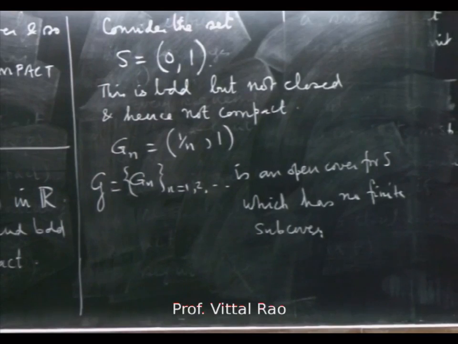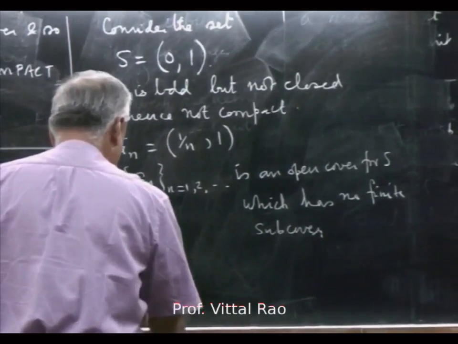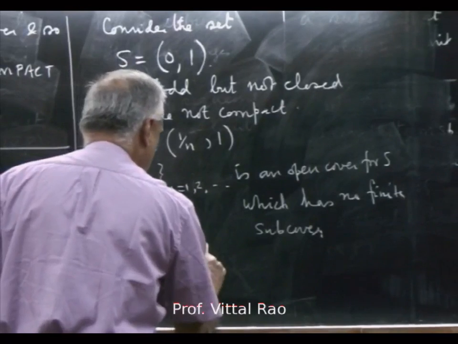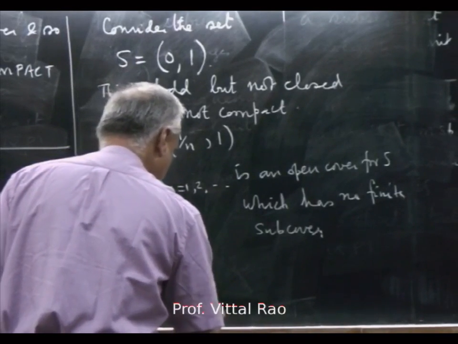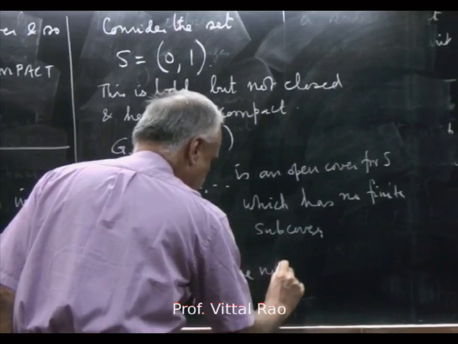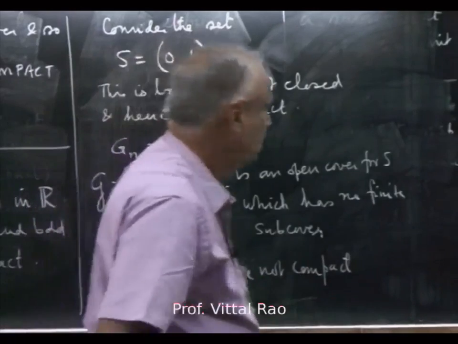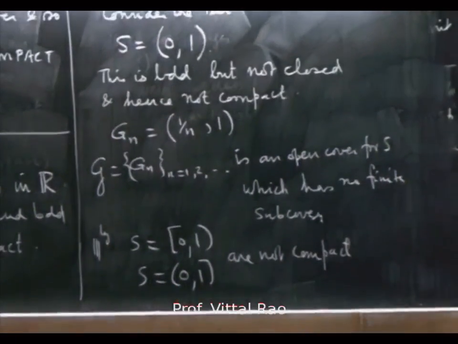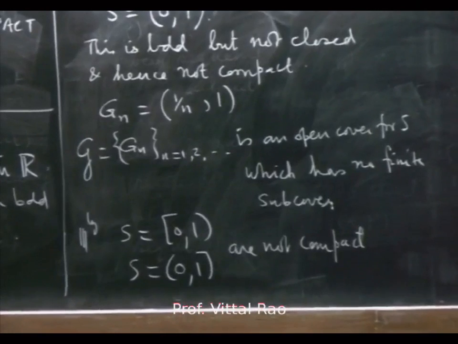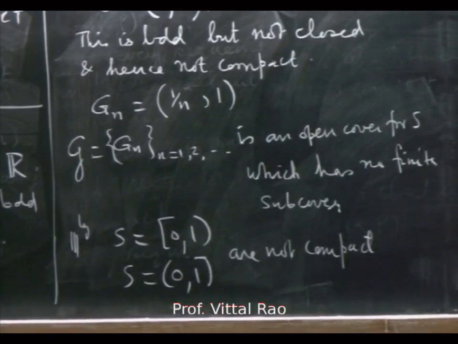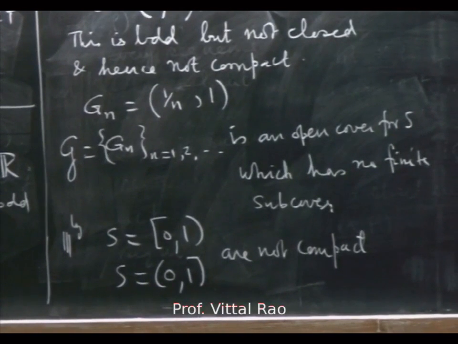Similarly, S equal to (0, 1) is not compact. They are bounded but not closed. Now instead of 0, 1 I could have taken any a, b, where a and b are any two real numbers, a less than b. Okay, that is obvious. 0, 1 is only an example, everything is homeomorphic to 0, 1.